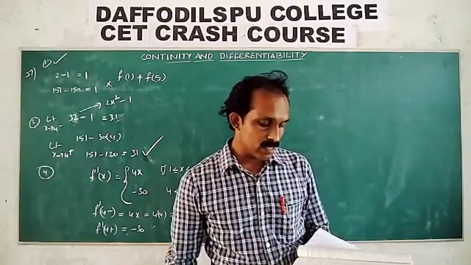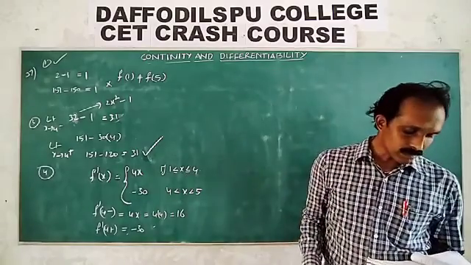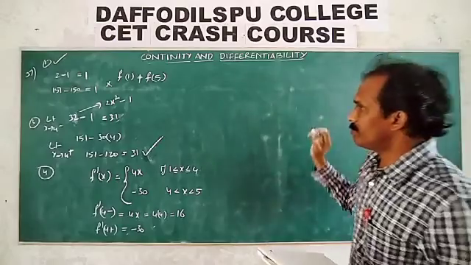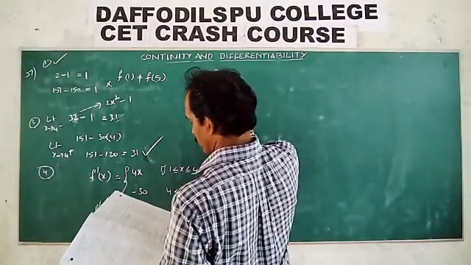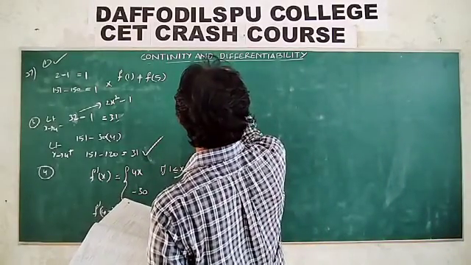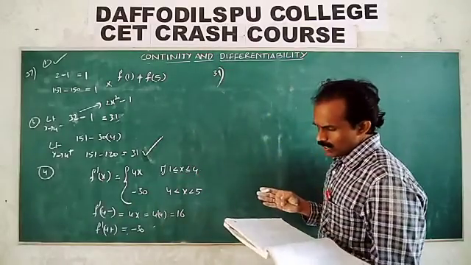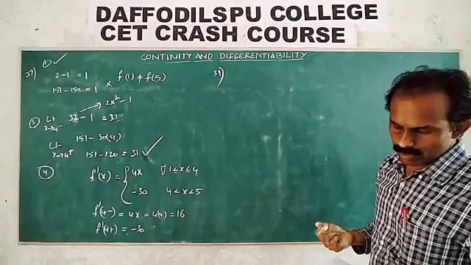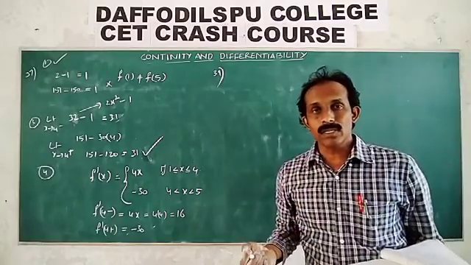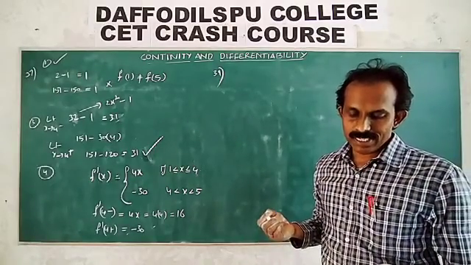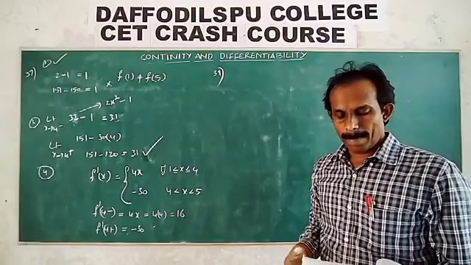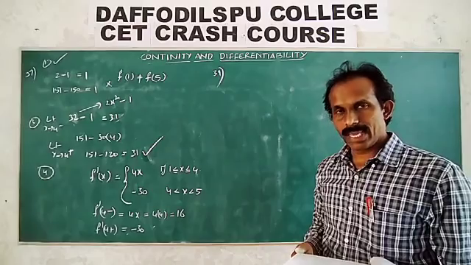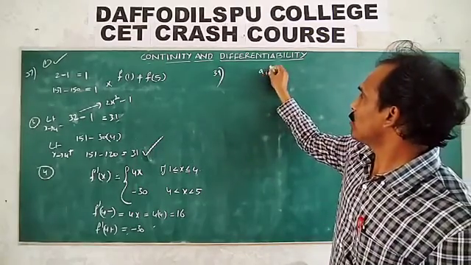If the function is continuous, differentiable, and then f dash c is equal to f of b minus f of a divided by b minus a, on the interval a comma b.